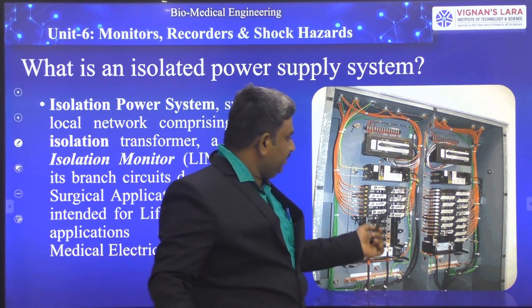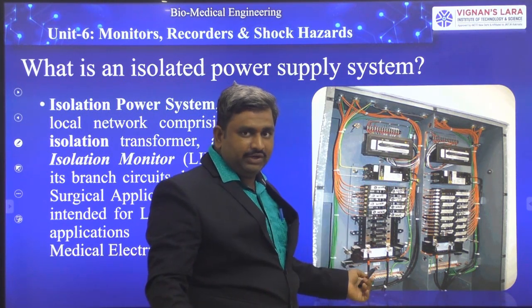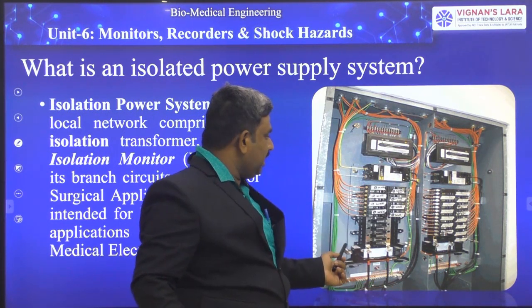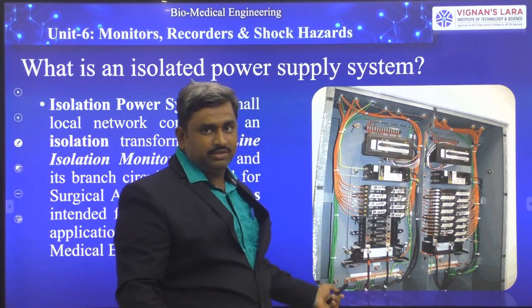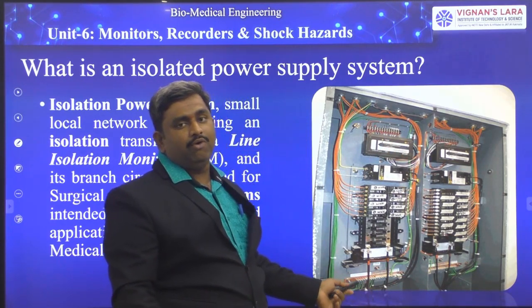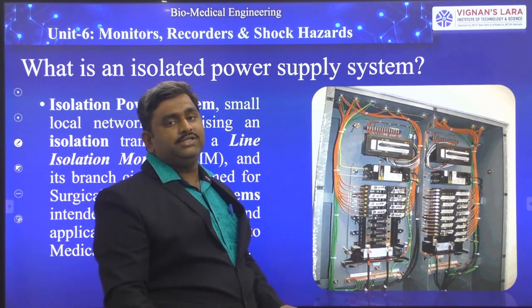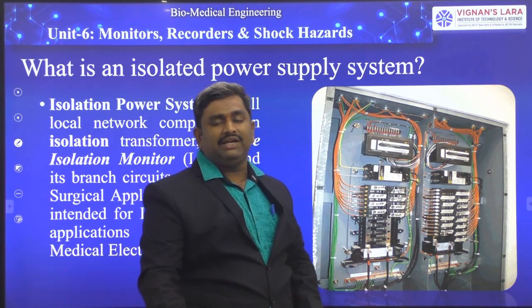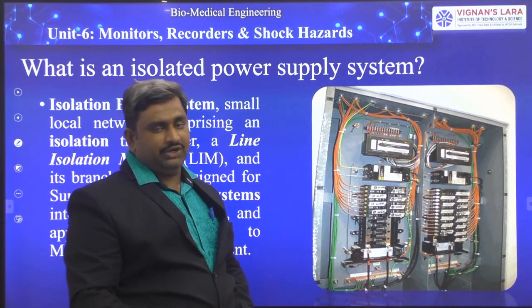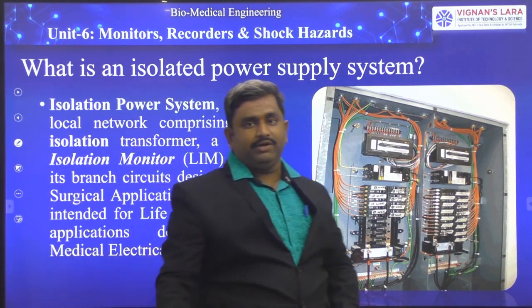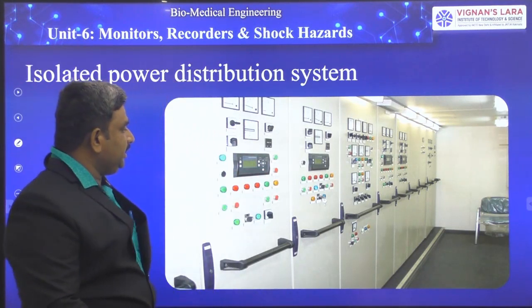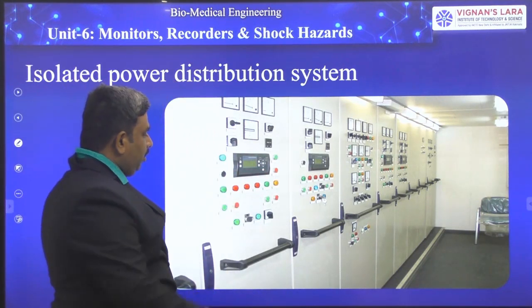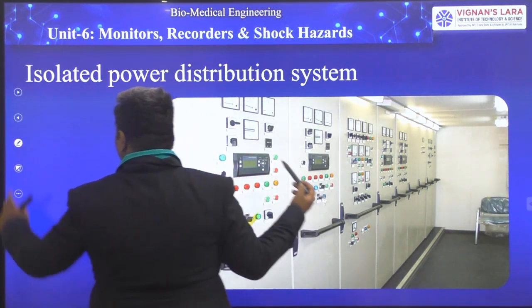Internally we have different types of electrical relays and switches. All these are connected to a board and kept in a box. This outer box we have to provide with one more isolated box to eliminate the electrical leakages from this power distribution system.